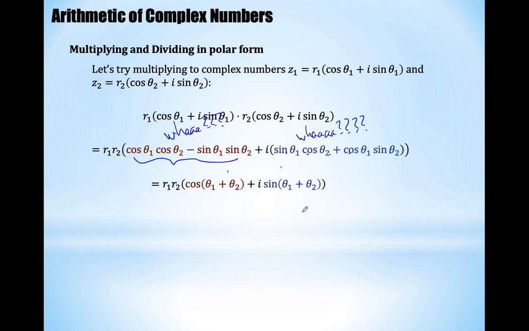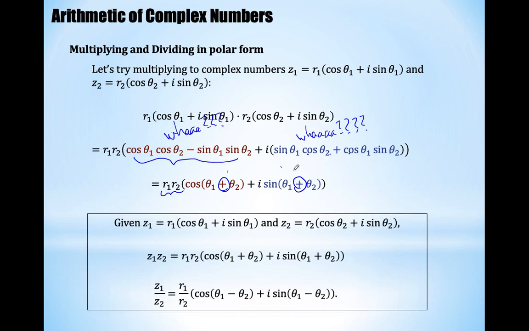So what does this say that we can do, right? If you want to multiply two complex numbers, look what happens. You multiply the radii, but you add the angles. Pretty simple. And an analogous relationship holds with division.